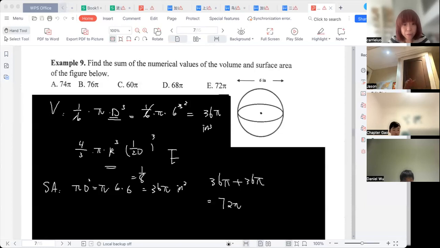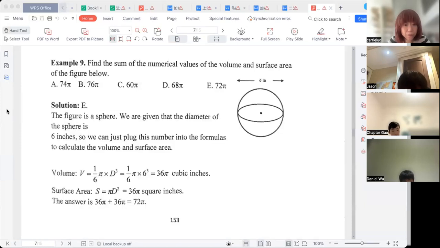Wait, it's r cubed? Yes, cubed, you copied it wrong. Oh, my bad. Teacher is never bad. No, I'm bad.